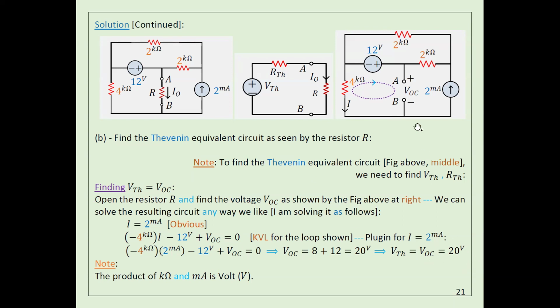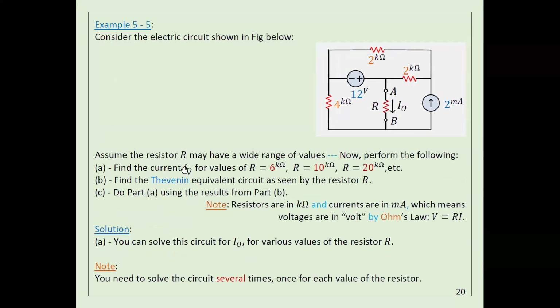Anyway, I already found VOC. So what else do I have to find? I need to find the resistance. To find the resistance, I can do it in one of two ways. The first way, as I told you before, here I'm not asking you to do Norton. Listen to me, I'm not asking you to do Norton.